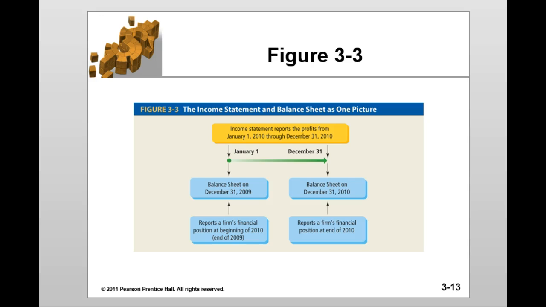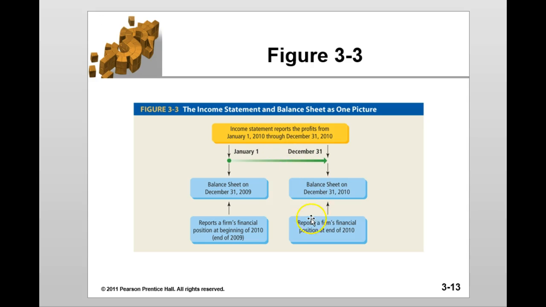The income statement and the balance sheet are intricately tied together. The income statement reports the profits from January 1st to December 31st. The balance sheet will report the company from that date, January 1st, to the balance sheet date, December 31st in 2010. Now, what the operations that transpire in between is what is measured by the income statement.